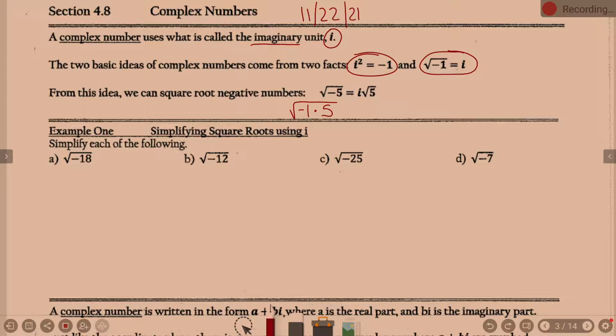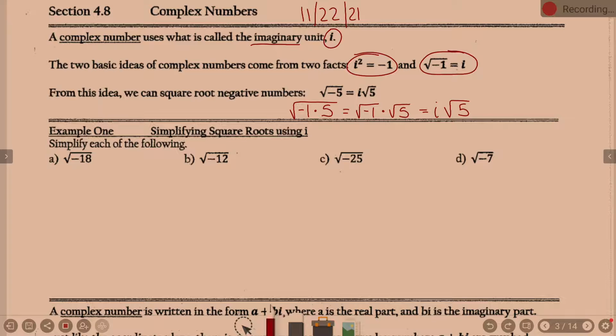And what do we know? I guess I should have written this. I'll write it. So this is the same as the square root of negative 1 times the square root of 5. But what did we just define the square root of negative 1 to be? The square root of negative 1 is i. So because it's i, this can be rewritten as i times the square root of 5.